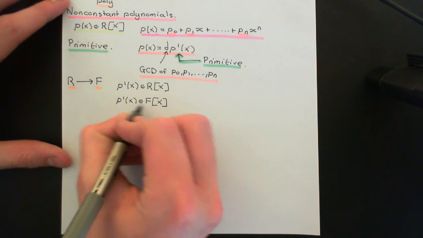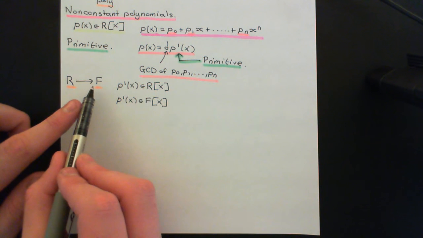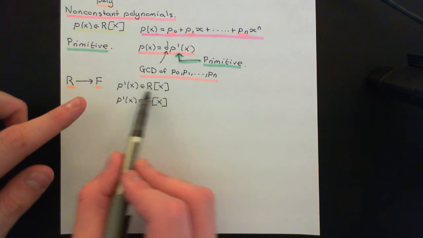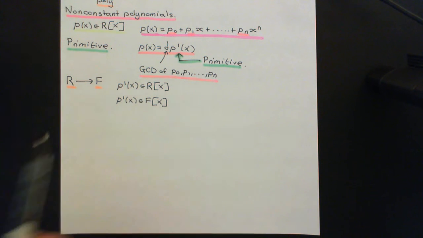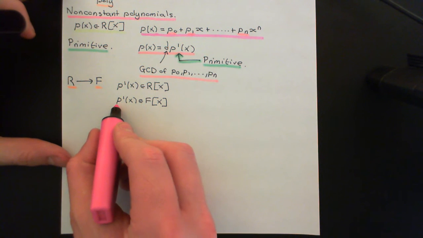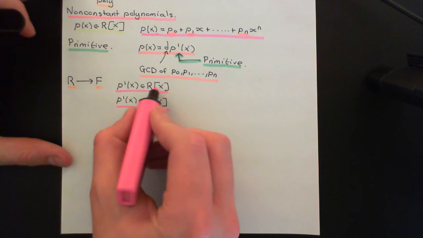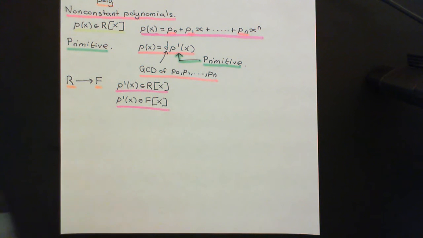The reason this is true is because R is properly contained within the fraction field, so all of the coefficients in front of the powers of x in any polynomial in R adjoin x are going to be in the field capital F. So all polynomials in this ring of polynomials are in that ring of polynomials as well, and p prime of x will be in the ring of polynomials over our fraction field capital F.